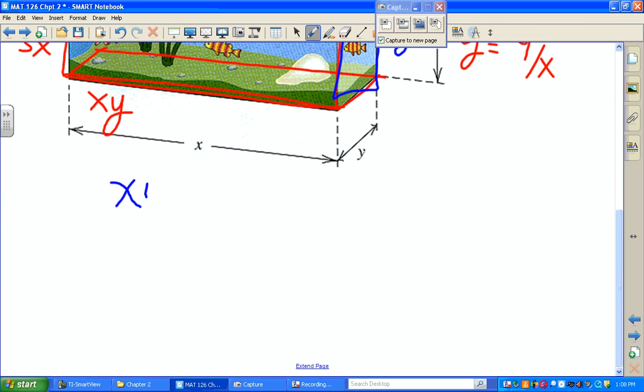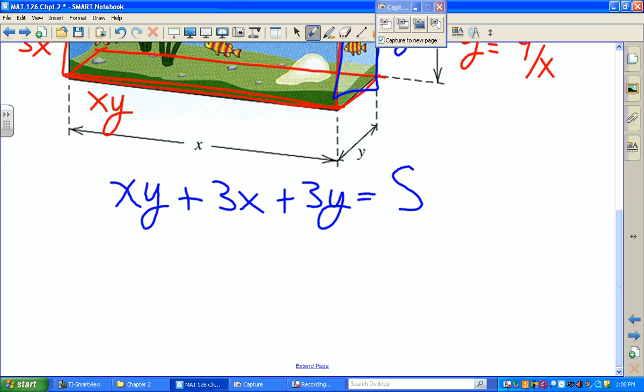So xy plus 3x for the front and the back, and 3y for the left side and the right side, and that equals the surface area. But it says to express it how? As what? As a function of x. So my answer has to say s of x equals, and I get only x's as the variable on the right side.